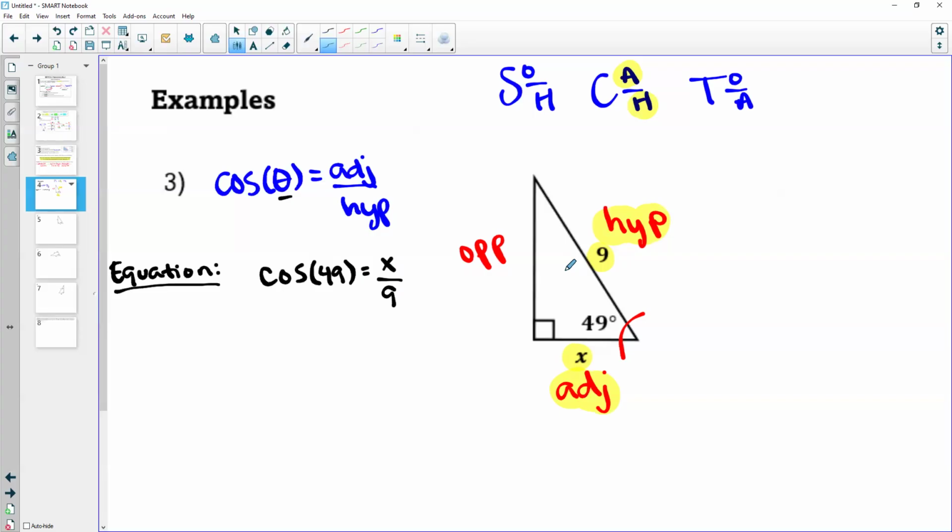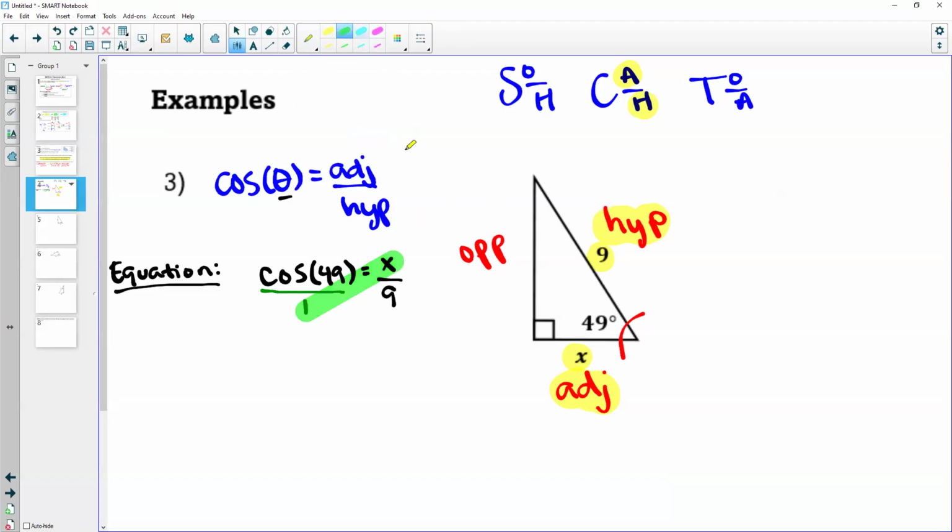Now, they're not asking us to just set up an equation. They want us to find the value of x. So to find the value of x, the next step in the problem solving process is taking the left side of our equation, cosine of 49, and putting it over 1 so that now we can cross multiply. If we cross multiply, we're multiplying diagonally.